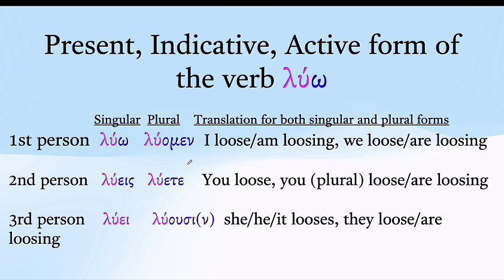But for now, remember that luo, luomen, lueis, luete, luei, luosin are the singular and plural first, second, third person forms of luo in the present indicative active.